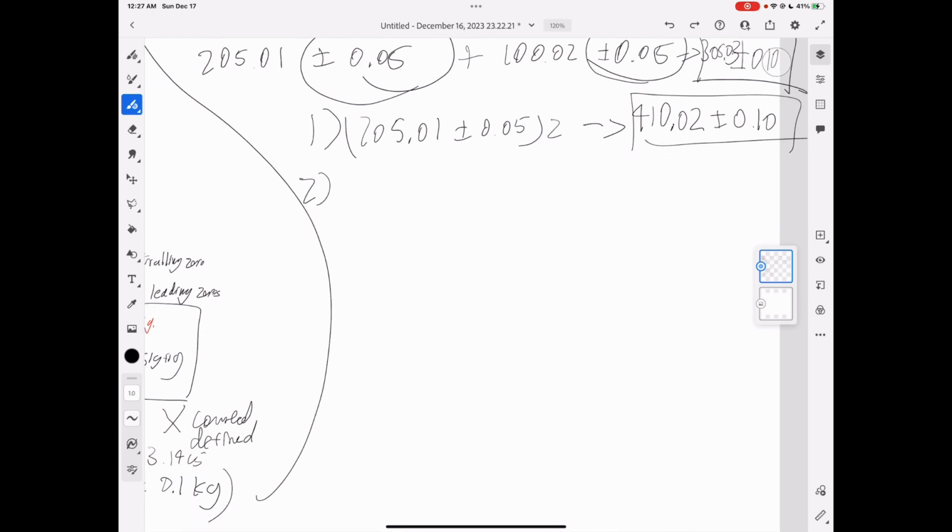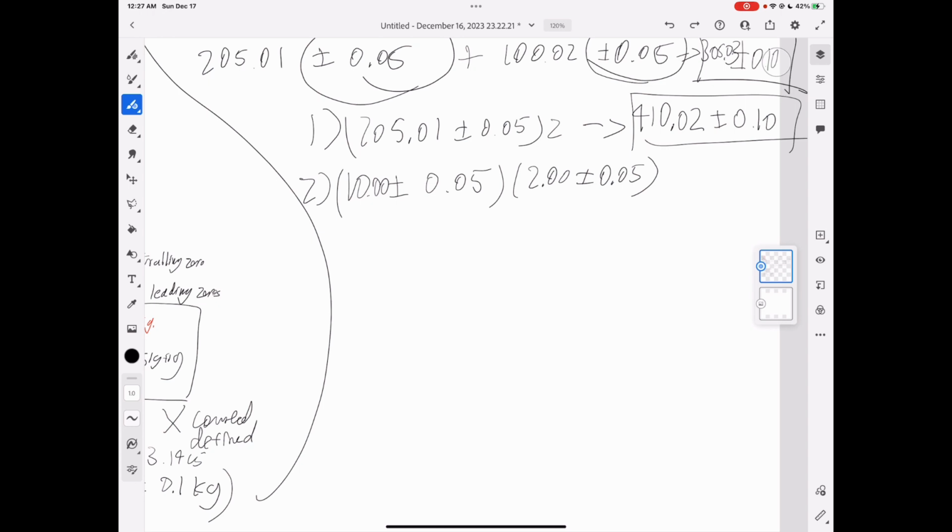However, the second case scenario, let's just make the numbers a bit more manageable. 10 plus or minus 0.05, and we want to multiply that by, let's say, 2 plus or minus 0.05.